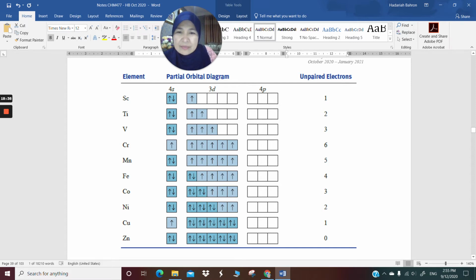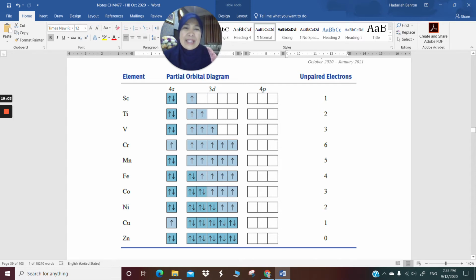This is your scandium, 1 electron on the D, titanium 2 electrons, vanadium 3 electrons, chromium 5, and then manganese 5, but 2 here, and then iron 6, cobalt 7, nickel 8, copper 10, because 1 is missing from here, 1 has hopped, has jumped onto the D, and then zinc is 10.